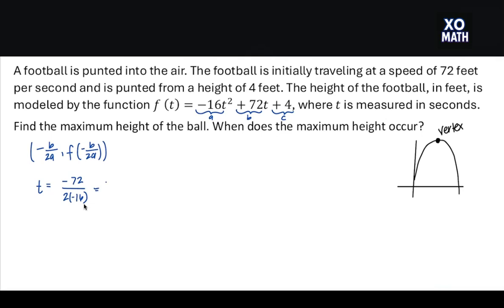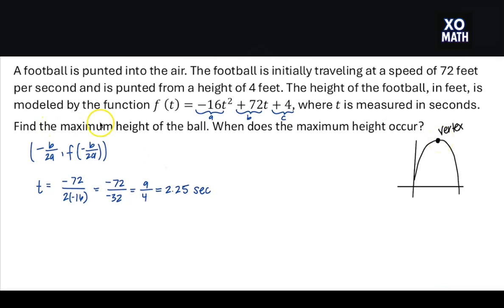That's going to be negative 72 over negative 32. And that's going to be 9 over 4 as an improper fraction. As a decimal, that's 2.25. So 2.25 seconds. That's the input of the vertex.